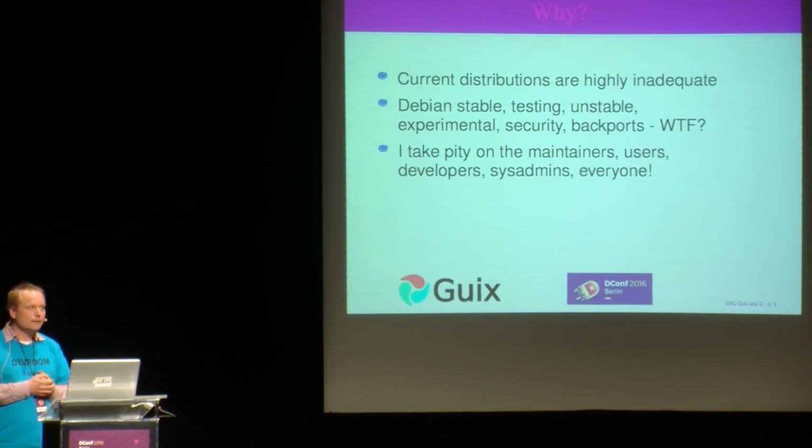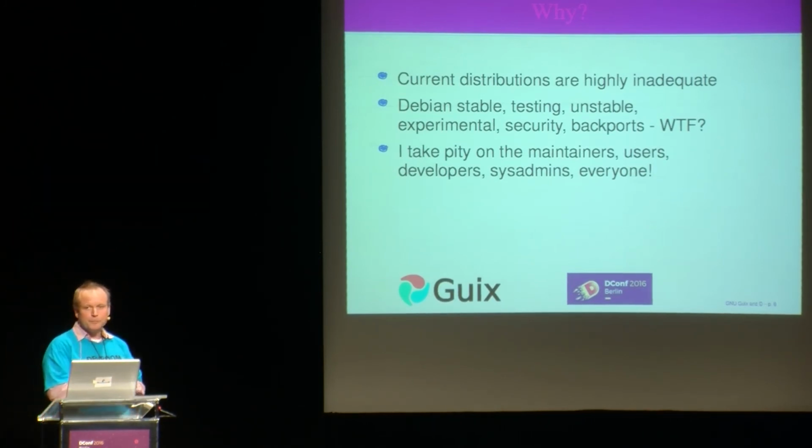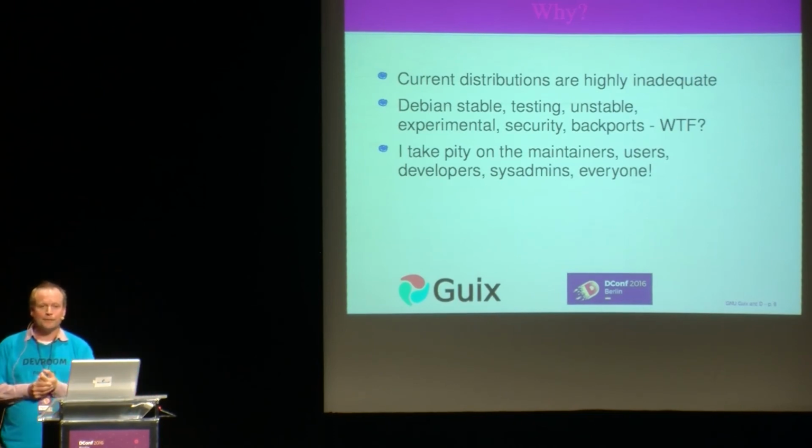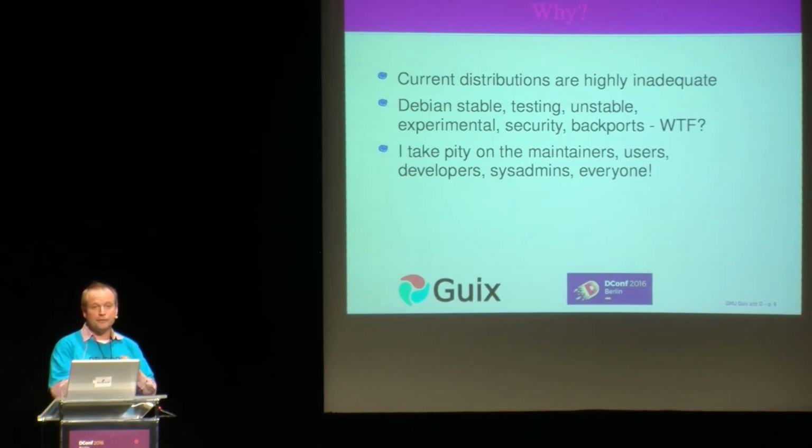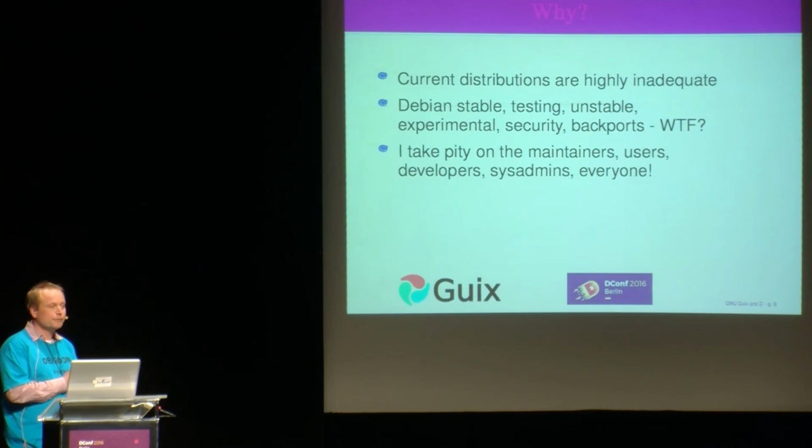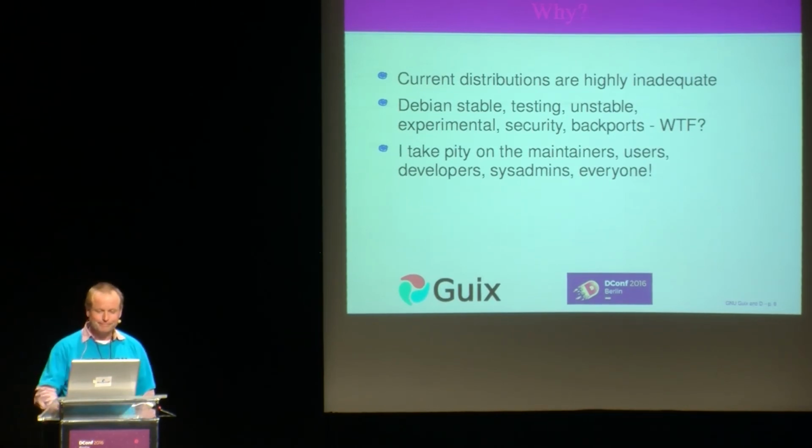Have you heard of the reproducibility project by the Debian people? After years of work, they now have 85% of their software building in a reproducible, deterministic way. That means 15% is still not reproducible. Take pity on us, on everyone.